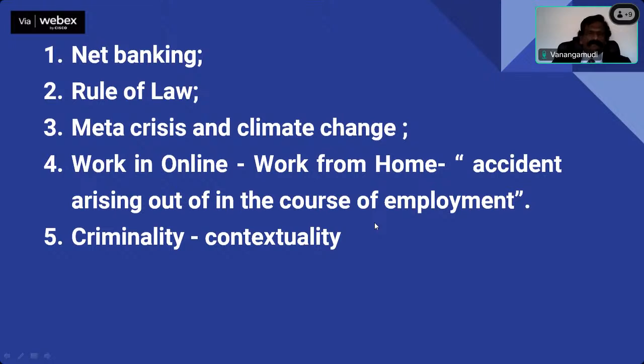Work from home, accident arising out of and in the course of employment. If you take this definition, accident arising out of and in the course of employment, does it mean work from home? So this way, the ambit of research in the meta-modern world is going on expanding.